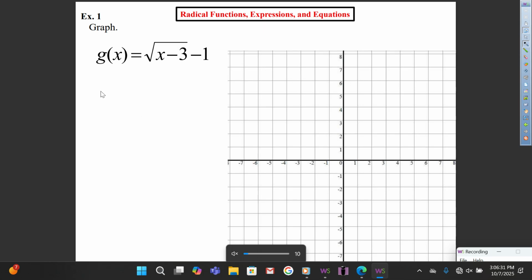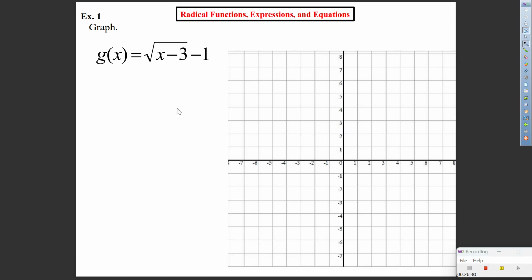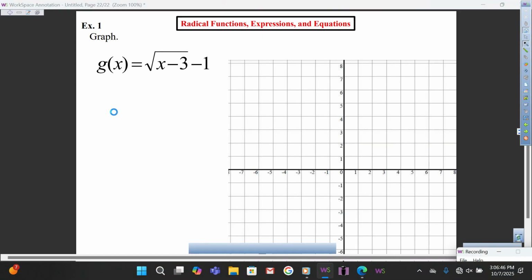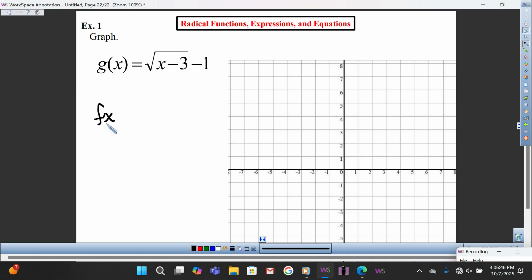What is our parent function, guys? What do we write? f of x equals what? What's our parent function for this? Radical x, right? Do we need a table?